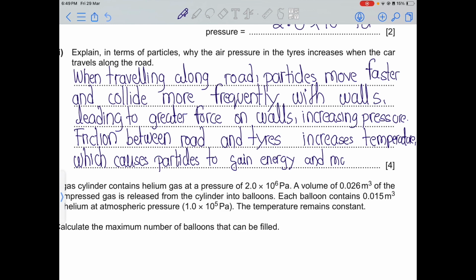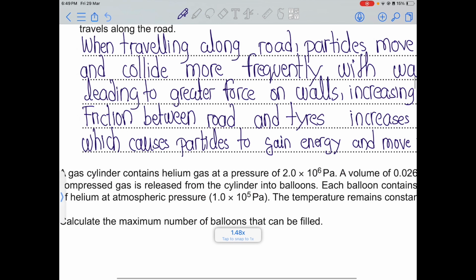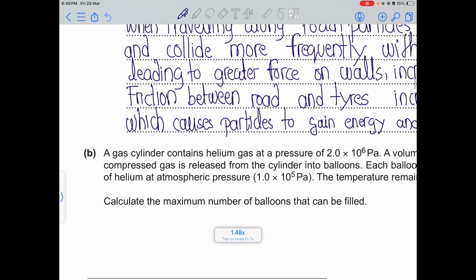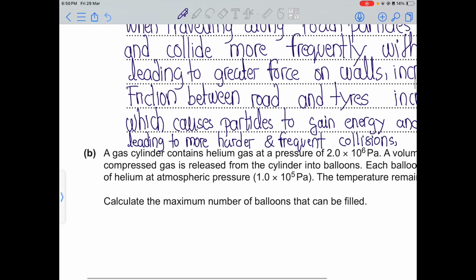And when they move faster, leading to harder and more frequent collisions, which increases pressure.